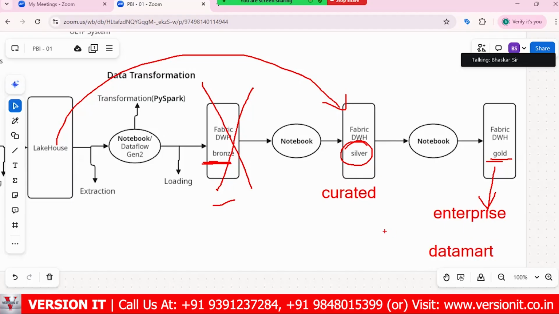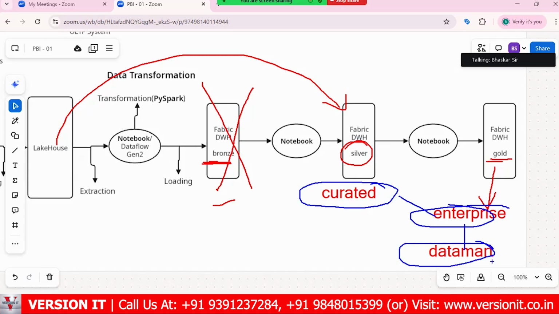We have different layers, and it all depends on the architect. Data moves from here to here, and from here to here. More or less you are going to do it in the same kind of approach. All the way, we are going to use only a Databricks notebook, or we can say a notebook from Fabric.